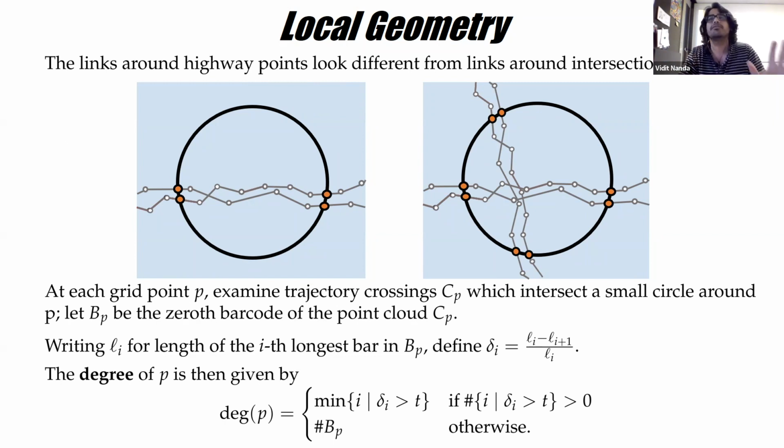Now I'm hiding a lot of details here. We obviously had to do some filtering by density because one outlier is going to completely ruin this. You have a very thick highway, 500 trajectories crossing left to right, and then one guy decided to go up and down, and that completely destroys the signal you're looking for. So you have to filter by density, but I'm ignoring that for now.